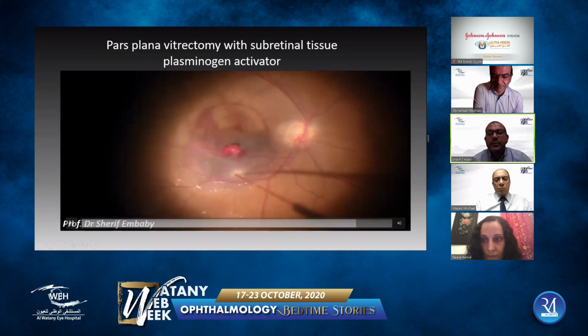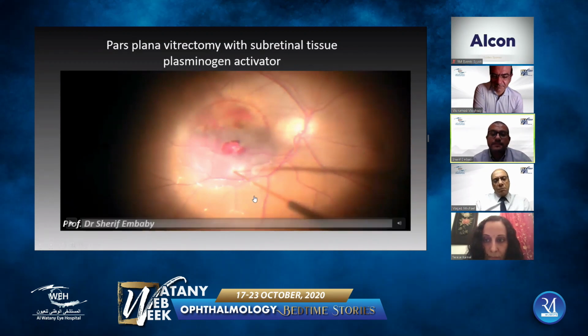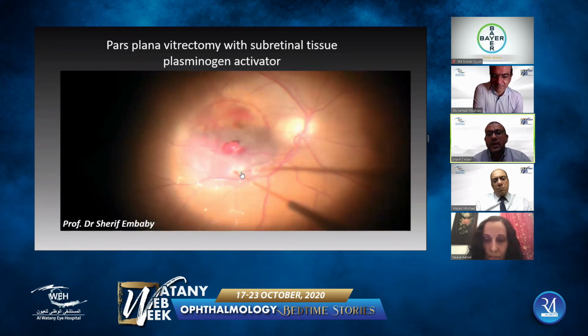And actually in that patient, I felt that there is a little bit of blood coming from the macula, despite that I was very cautiously injecting the diluted TPA in water. So I continued my injection to create the submacular bleb in order to displace the blood away from the macula.